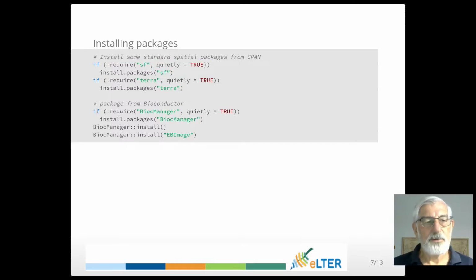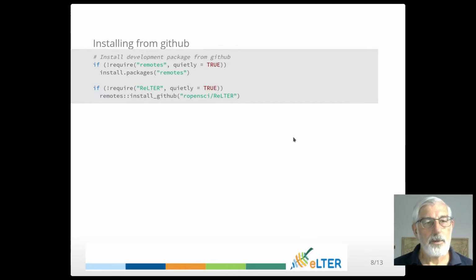Regarding Bioconductor, you begin by first installing the BiocManager package, like so. And then you use BiocManager install to install packages that are stored on Bioconductor. For example, here's the EBImage image manipulation package. What about Git repositories?